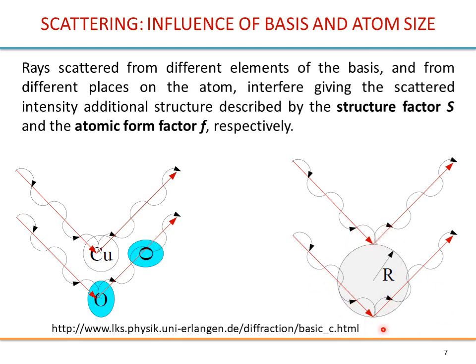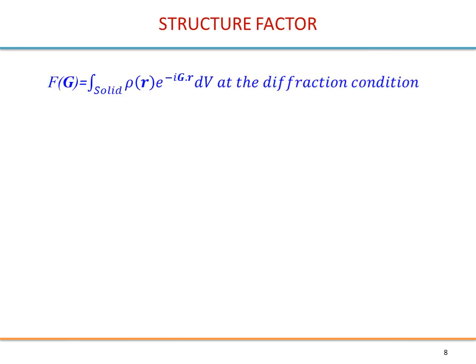So the influence of this is contained in what is called the atomic form factor, F. Okay, so let's see how we can include this structure factor S and atomic form factor F in our formula.